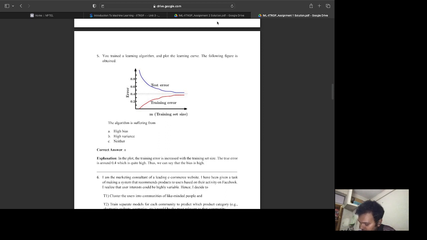So here, as your training set size is increasing, your training error is increasing, which means that the model is not learning from the data you are giving it. Whenever it is doing something of that sort, it has to be high bias, it cannot be high variance, because if it is high variance, the training error would have reduced.